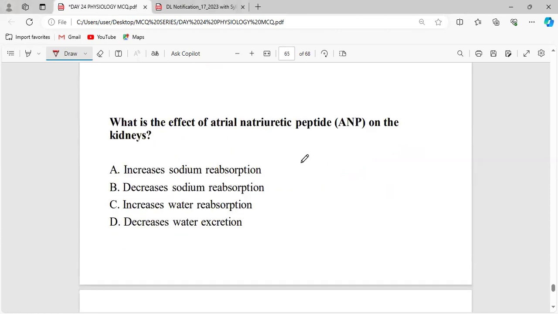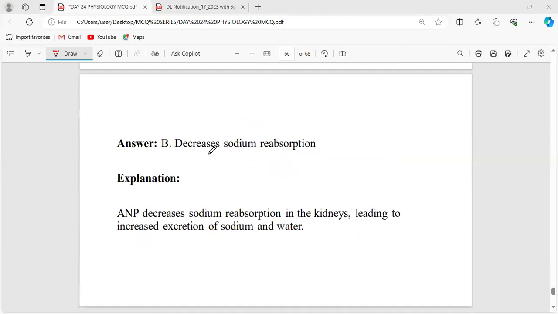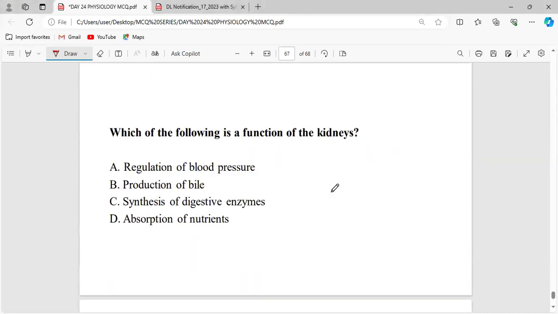Now, what is the effect of ANP, atrial natriuretic peptide, on the kidney? Decreases the sodium reabsorption.